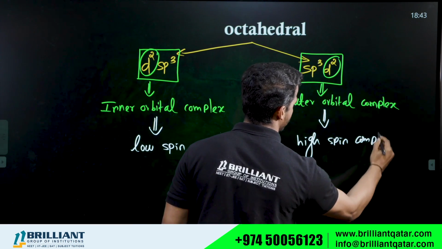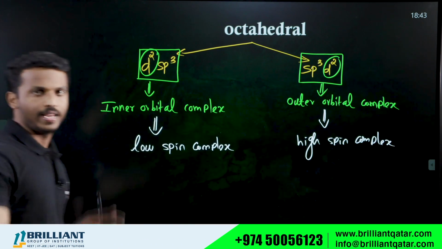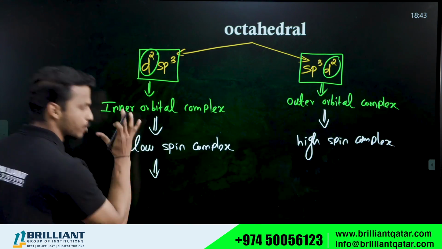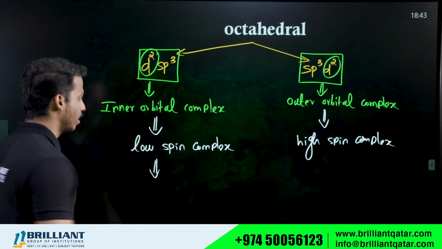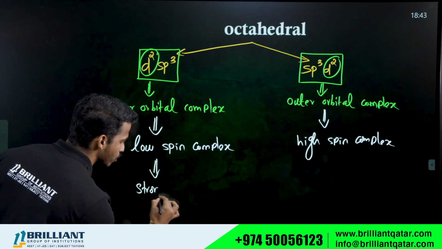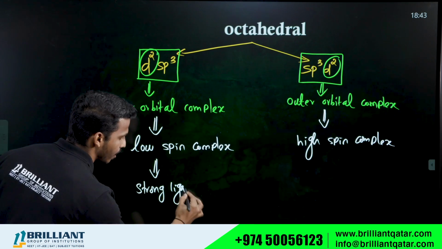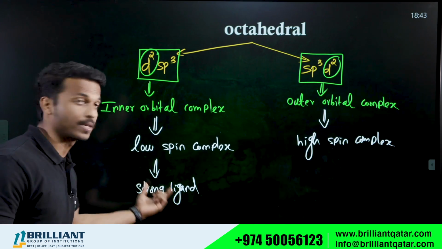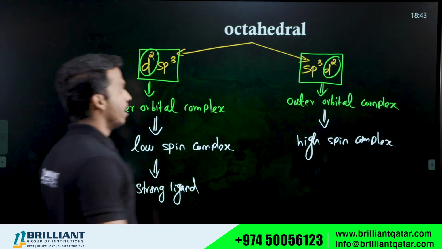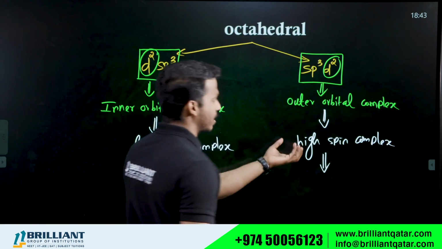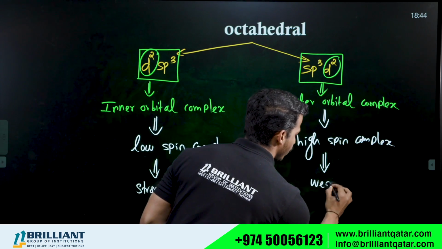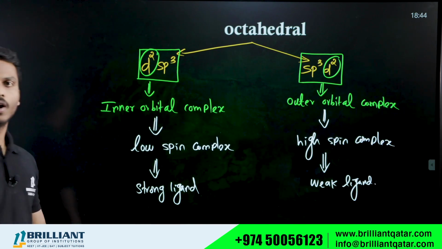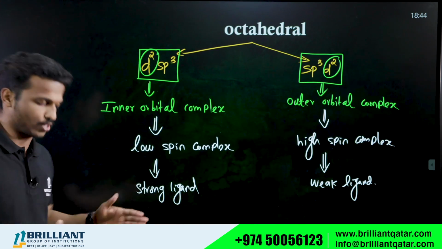If the complex is low spin, in most cases there is a presence of strong field ligand. If the complex is high spin, there is a weak field ligand presence. Please study the concept and the order first of all.